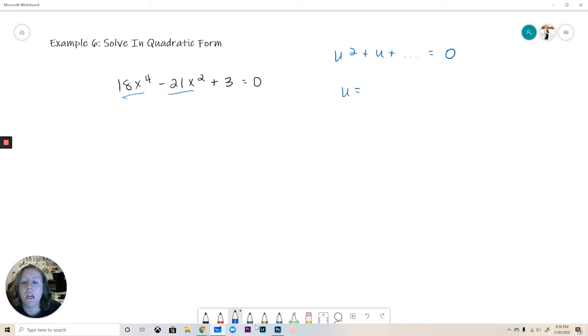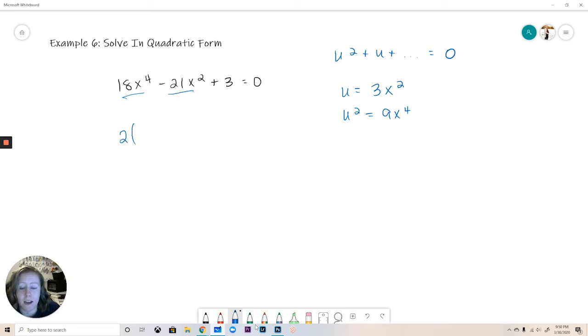our common factor is going to be 3x squared. So if u is 3x squared, u squared is 9x to the fourth, okay? So because my first term needs to have u squared, I need to divide a 9x to the fourth out of this. So 18 divided by 9 is going to be 2.